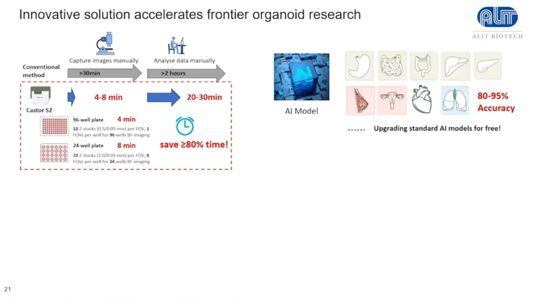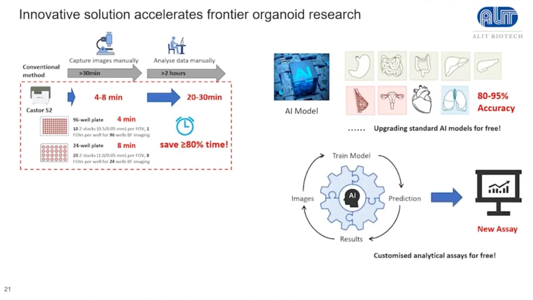Our software currently provides standard AI algorithm models compatible with more than 9 types of organoids with high accuracy, and we are also continually upgrading our AI models and will make them free to our customers. We can also provide custom development services based on AI algorithms to meet our clients' complex samples or new requirements.